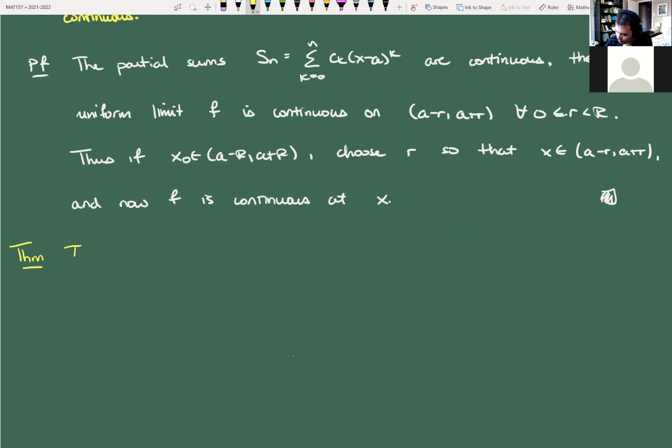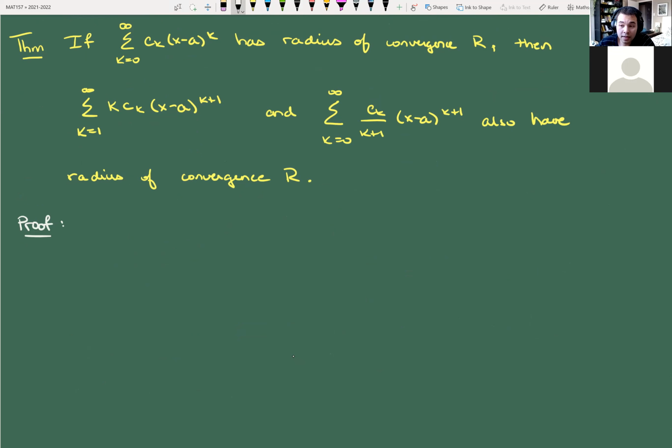So basically what we're going to do is prove that the differentiated power series has the same radius of convergence, and then we're done, because the integrated power series, if we differentiate it, we get the original thing, and therefore they must have the same radius of convergence, right? So it suffices to show, well, let me again just say, take a to be equal to 0 before I forget.